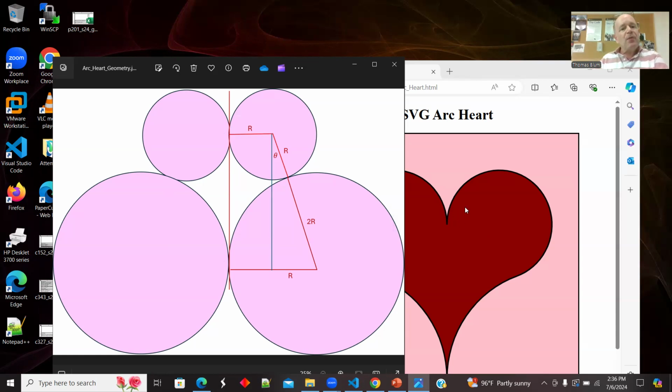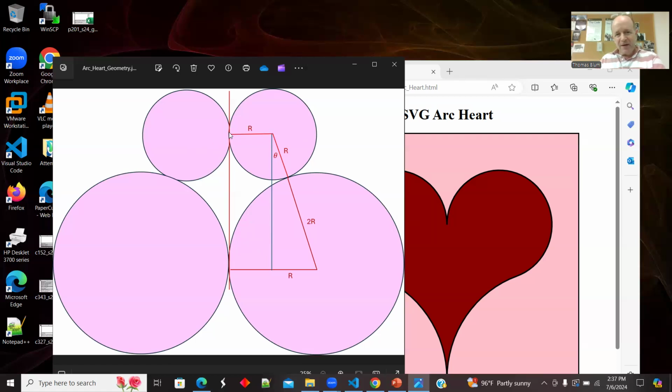But I decided I would go with these circles that are not overlapping, just touching. And then the lower circle that I'm on the outside of, I wanted to be twice the radius. Both of those decisions are fairly arbitrary, but I wanted to show you a little geometry.